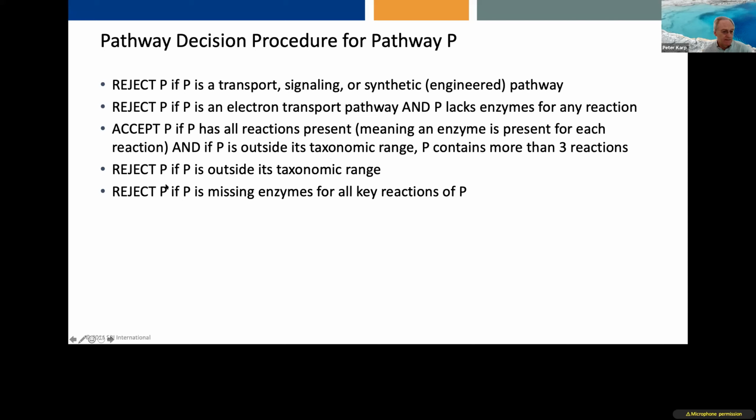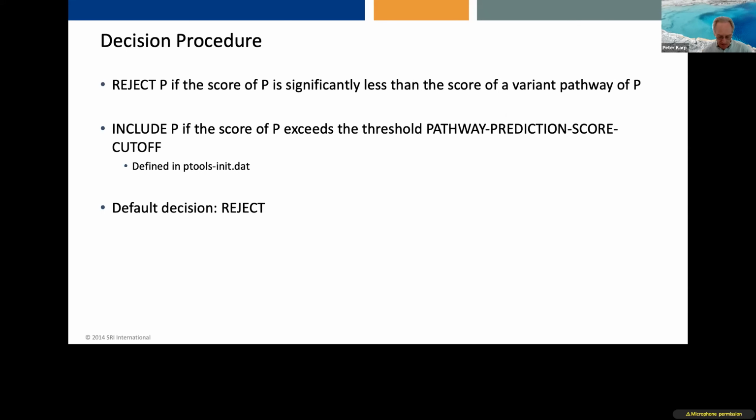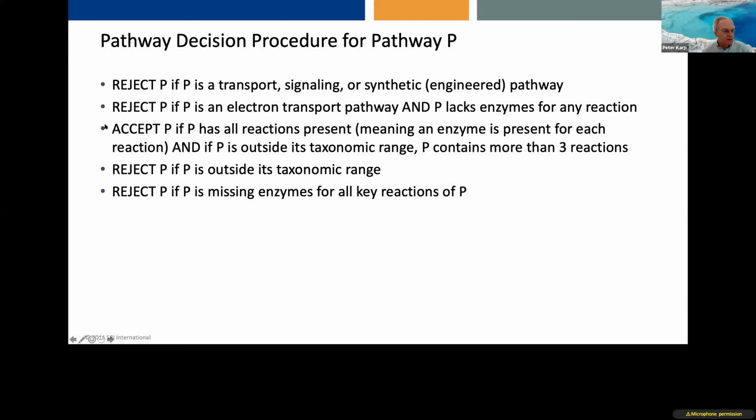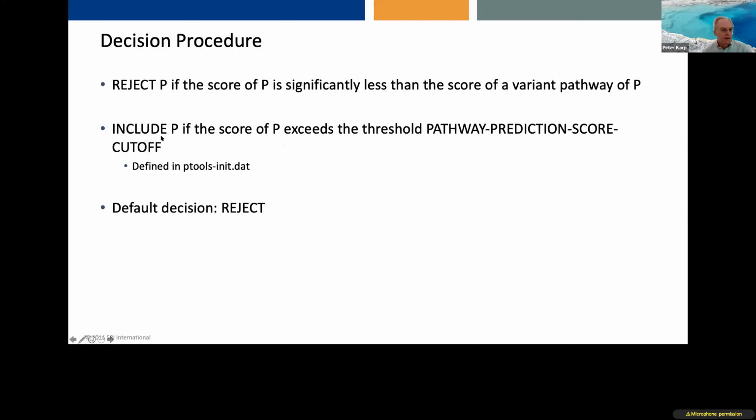We're going to reject it if it's outside its taxonomic range or if it's missing enzymes for all the key reactions. And I'll note the ordering between these two rules is important. We can accept pathways outside their taxonomic range if all the reactions are present. And finally, we will include a pathway in the prediction if its score exceeds the threshold that the user has defined. Otherwise, the default decision is to reject the pathway.